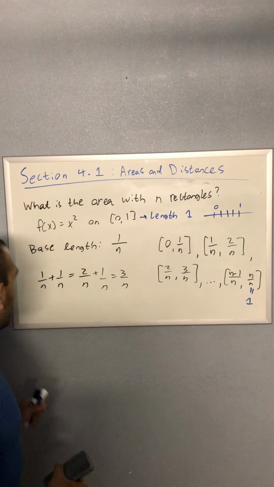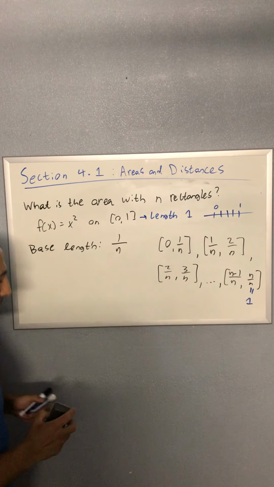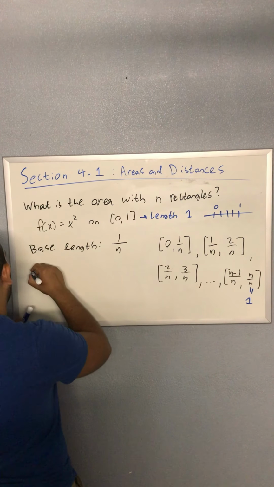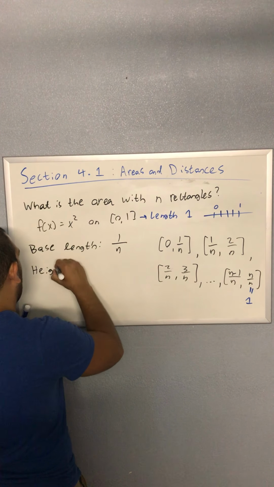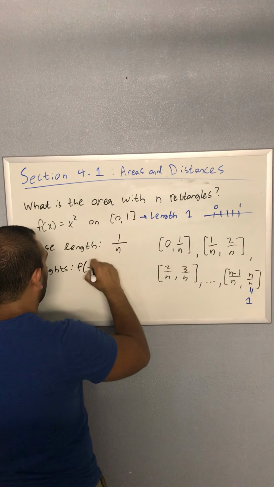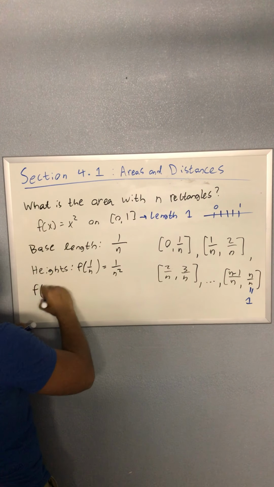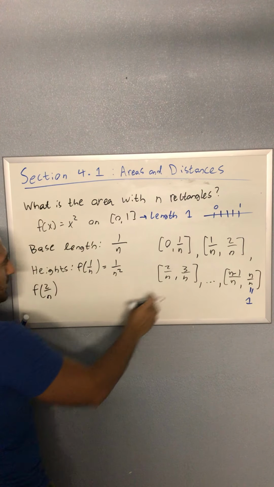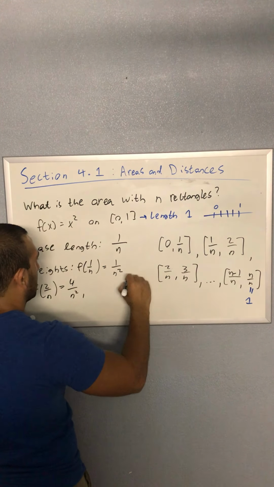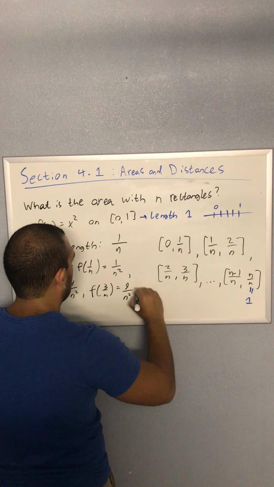Okay, so then those are the heights. So the heights of the rectangles that we're going to use are going to be f of 1 over n, which is 1 over n squared, and then f of 2 over n, so 4 over n squared, and f of 3 over n, which is 9 over n squared, and so on.